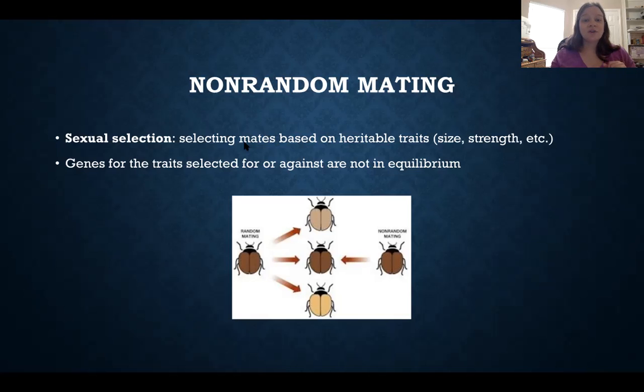Okay. So the genes that are leading to the prettier peacocks, or whatever it is that those particular organisms are looking for in their mates, those genes are not going to be in equilibrium. Okay.